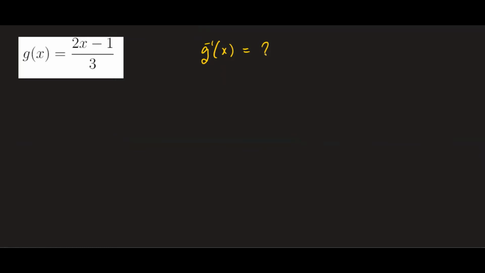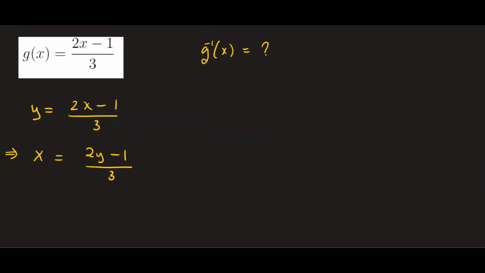Well, in this case, we're using the notation g, which is totally fine. It's just the notation. So we're going to call g of x is equal to y. So we have y is equal to (2x minus 1) over 3. And then we interchange x and y. So then we have now x is equal to (2y minus 1) over 3.